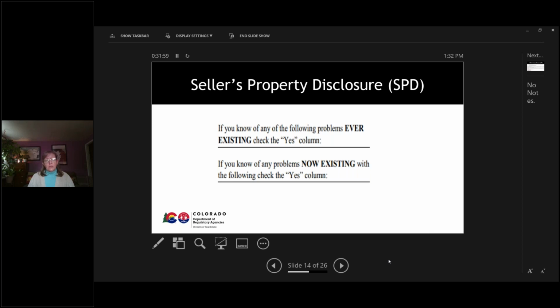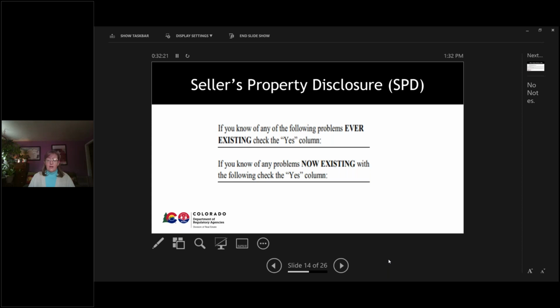There's other portions that also address legal issues, such as, is there a zoning violation? Are there violations on the property associated with an HOA, building code violations? Are there other legal actions pending? It addresses access and parking.